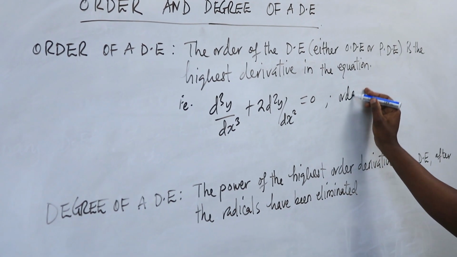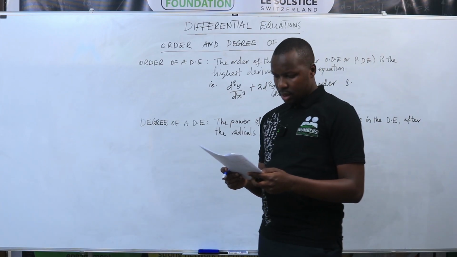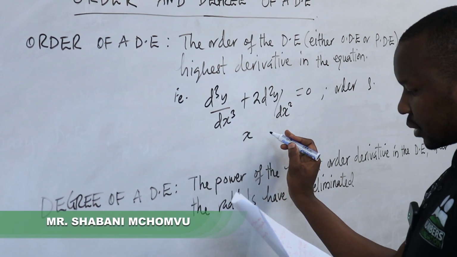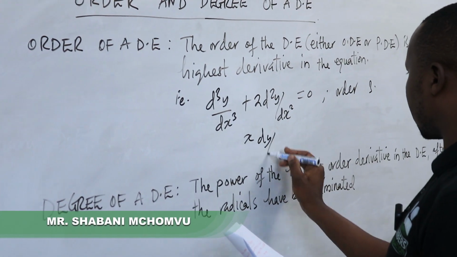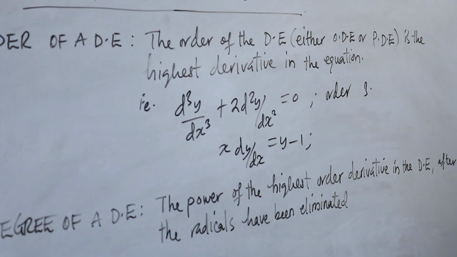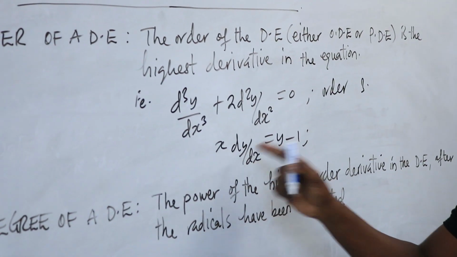We can also see this example: x dy/dx = y - 1. When you observe this differential equation, we have the first derivative.